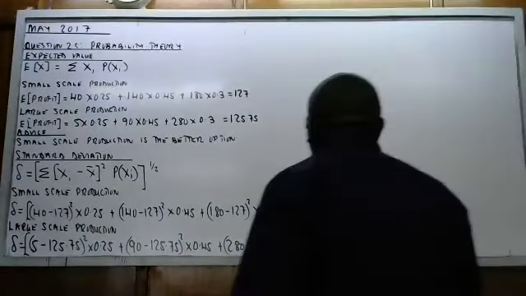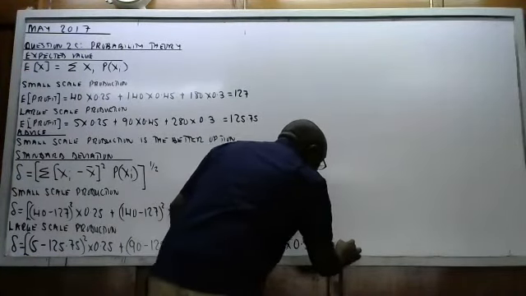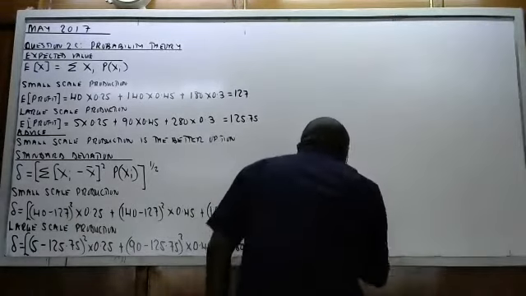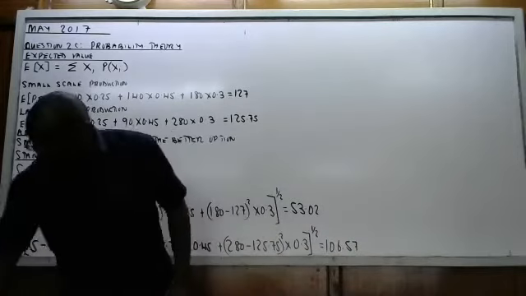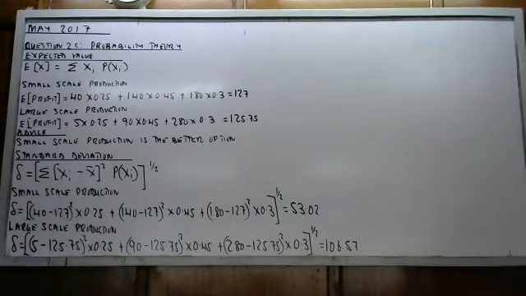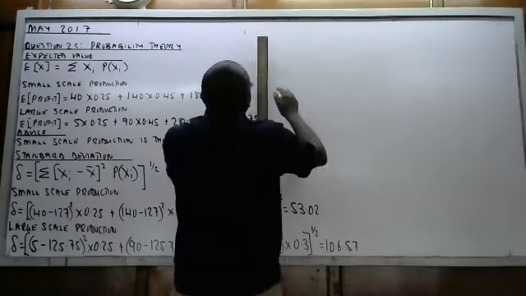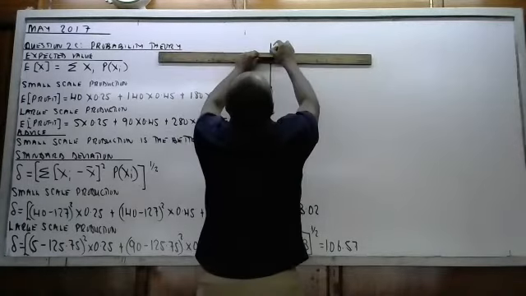106.57, good. The next thing that you need to compute is called coefficient of variation.